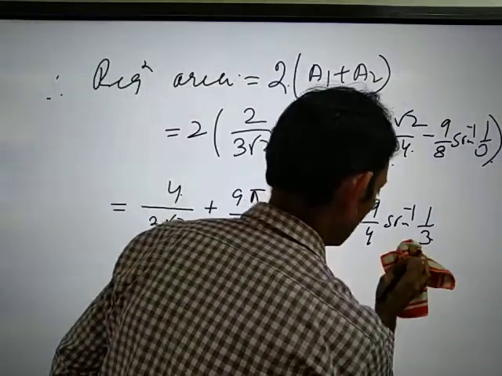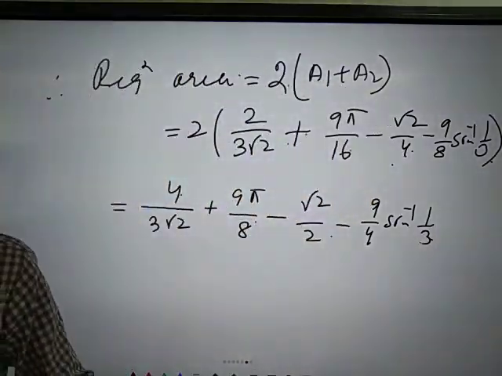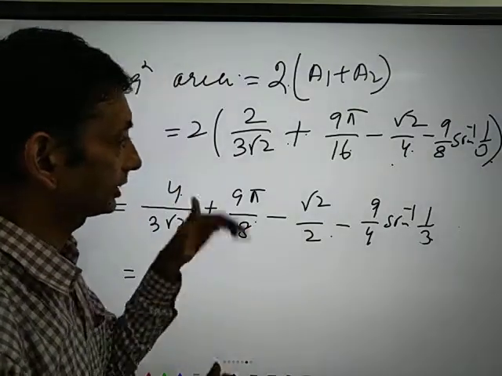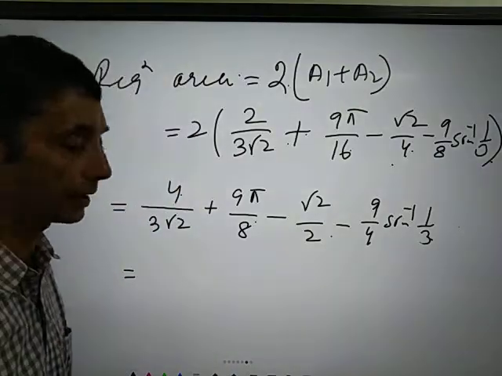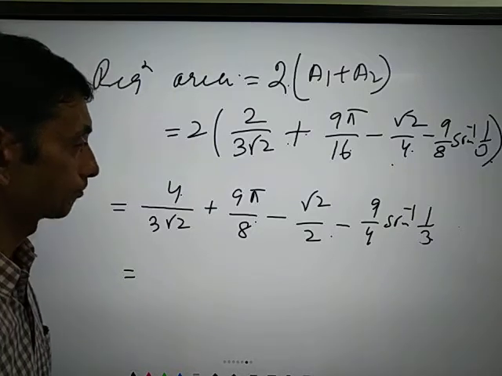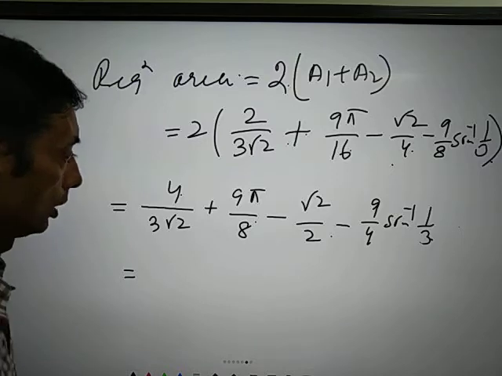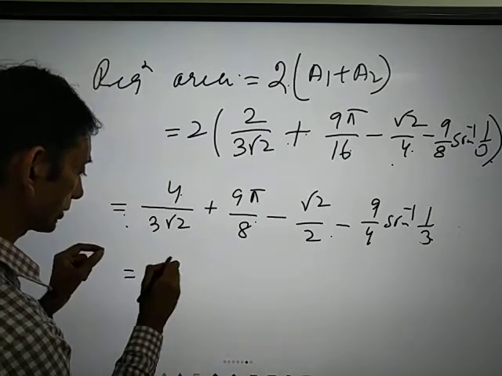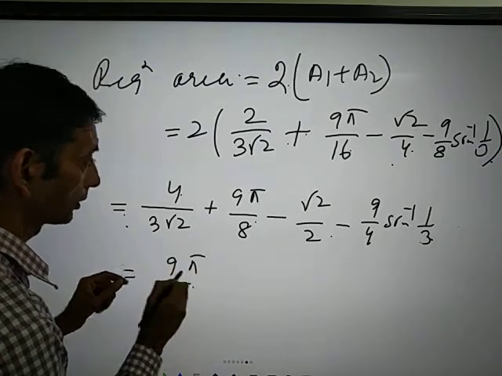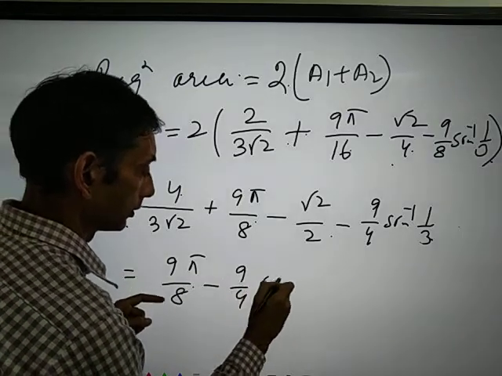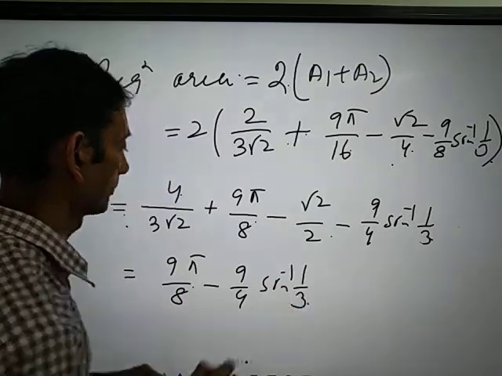In these questions, only simplification takes a little time, but with practice, you can simplify this in less time. Now we'll arrange the terms: 9 pi by 8 minus 9 by 4 sine inverse 1 by 3.